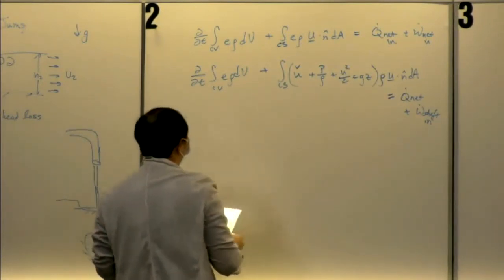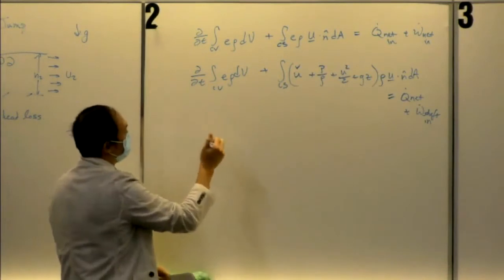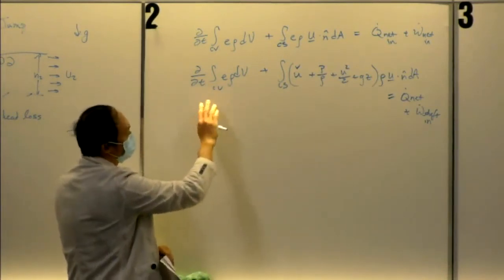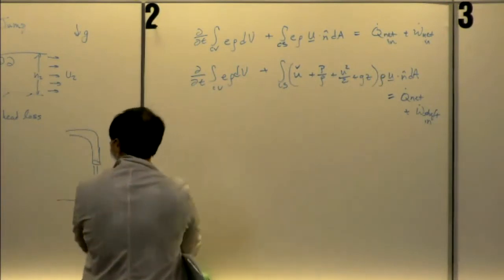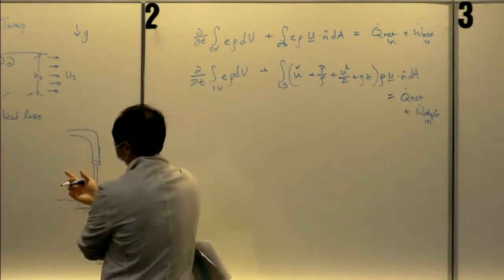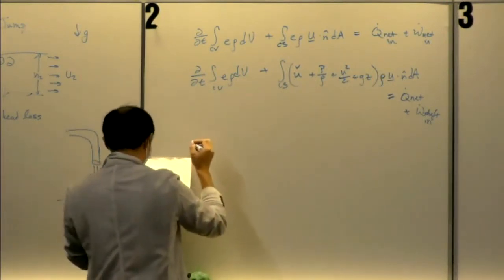But the version I will be giving you in the quiz is the last version, where you consider m dot to be constant across all the control surfaces. That is, it's one-dimensional flow, and then you'll have the following.